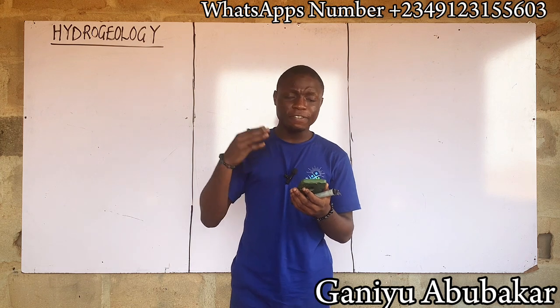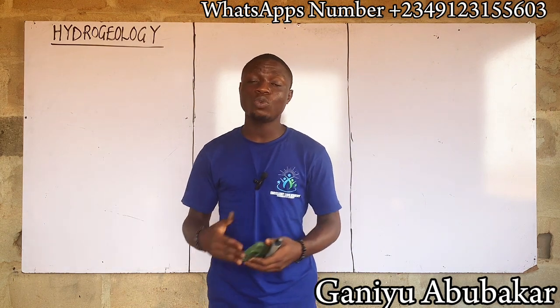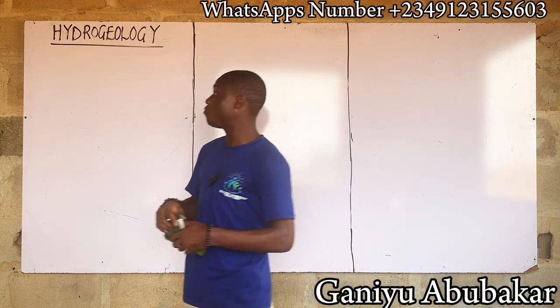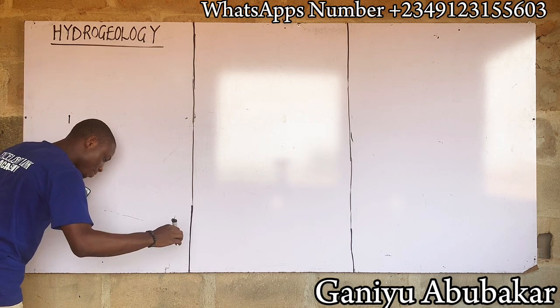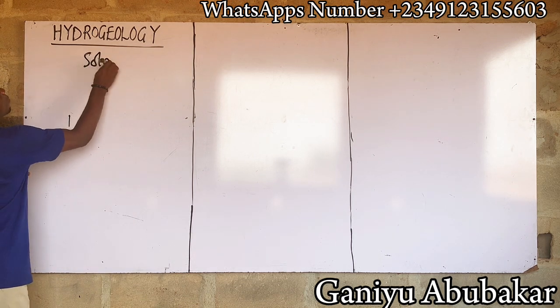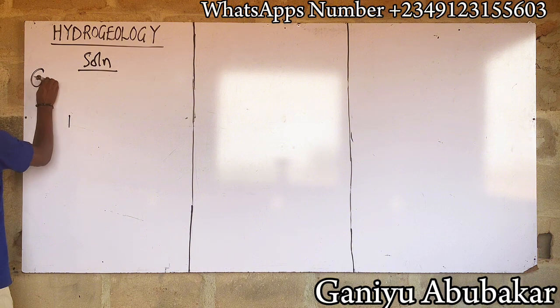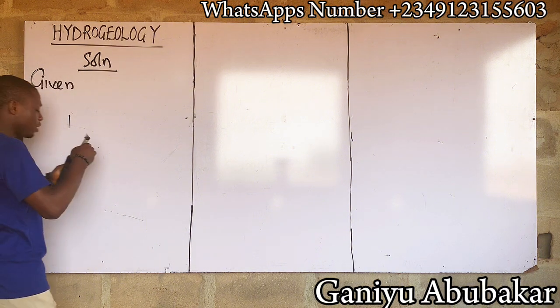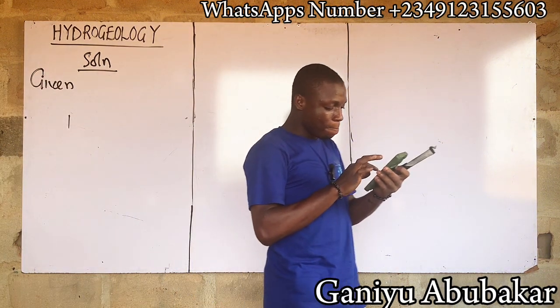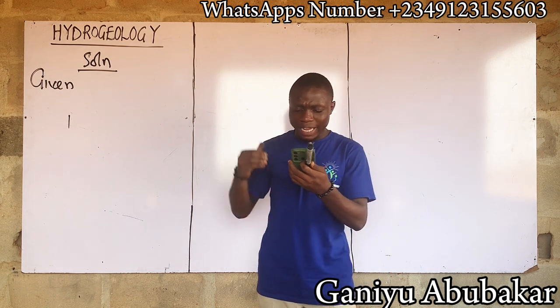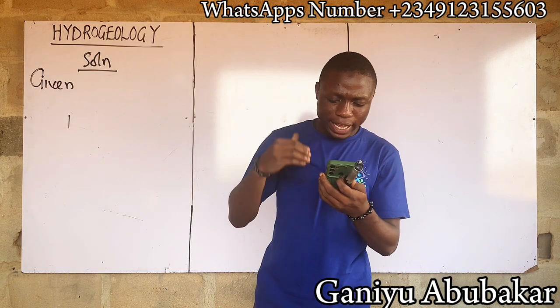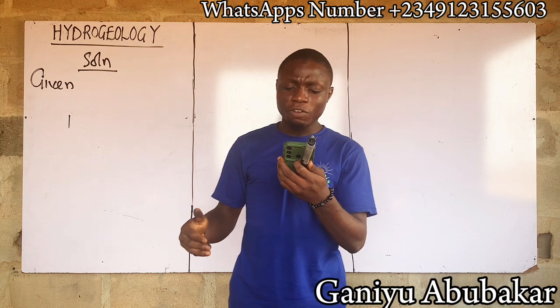All right, first things first, we said your first task in science is to list out the givens. So what are we given from the question? Solution. Given: the question says a well is located in an aquifer with a conductivity of 50 meter.